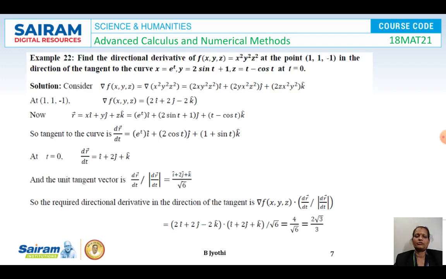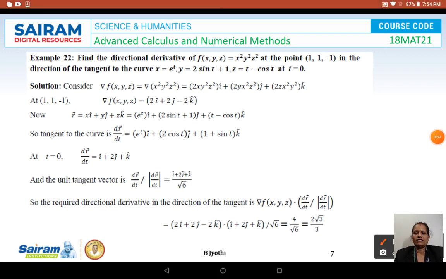Let us look into a problem. Find the directional derivative of f(x,y,z) = x²y²z² at the point (1, 1, -1) in the direction of the tangent to the curve x = e^t, y = 2 sin t + 1 and z = t - cos t at the point t = 0.